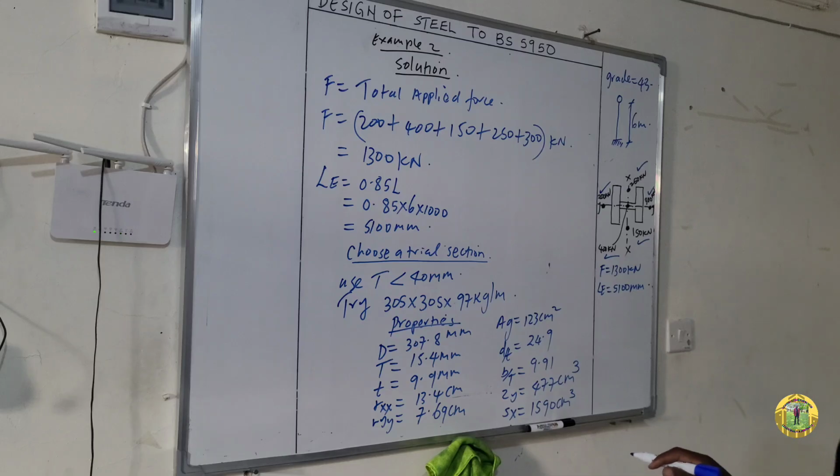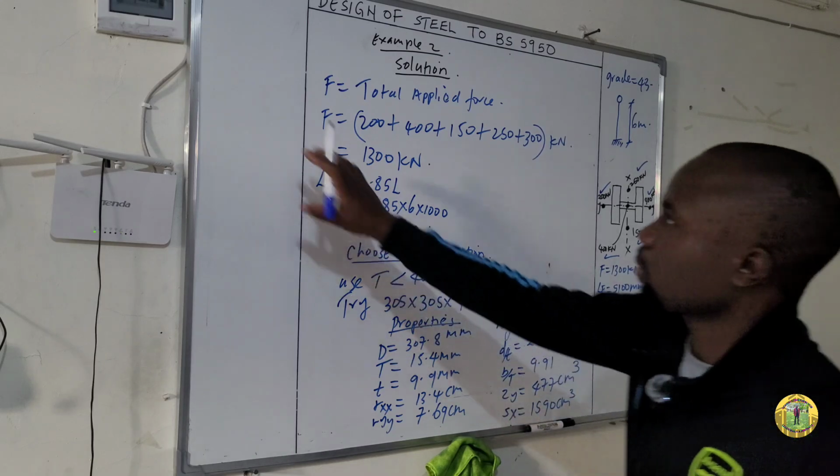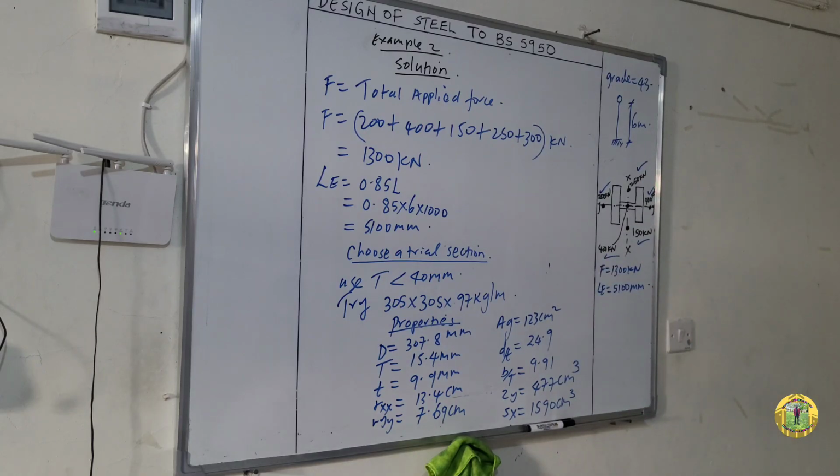So I want again to write these properties on this column so that you can rub here to create space for our calculation.